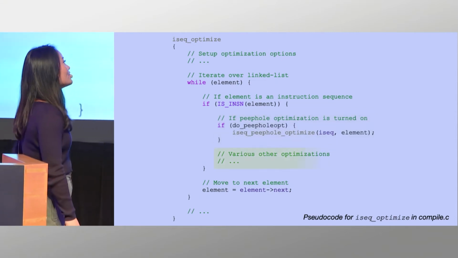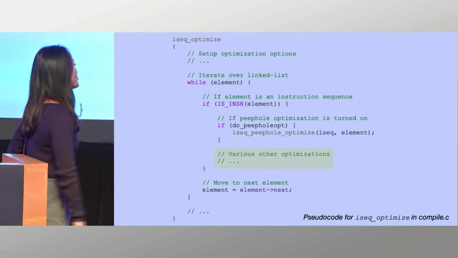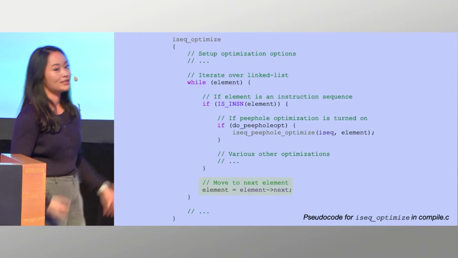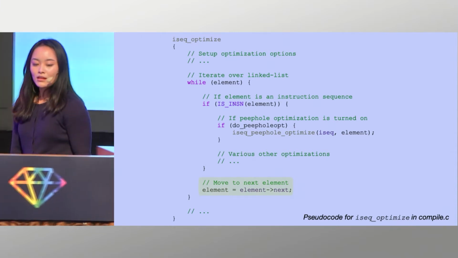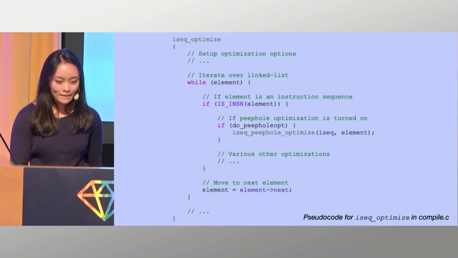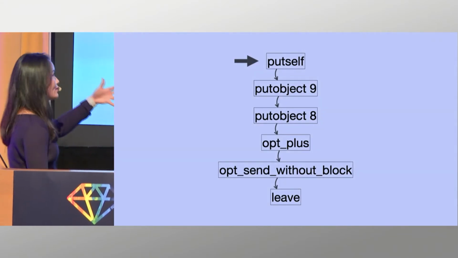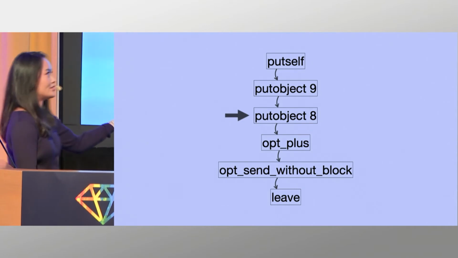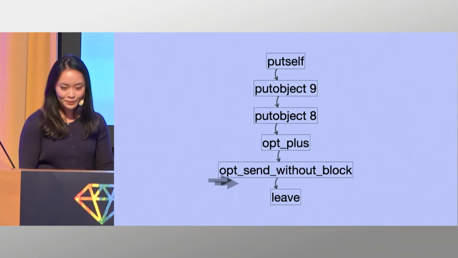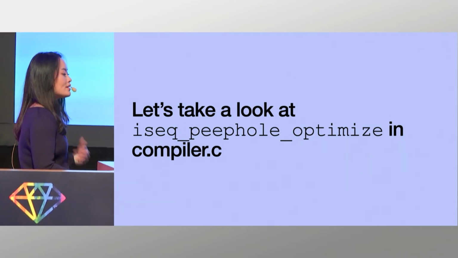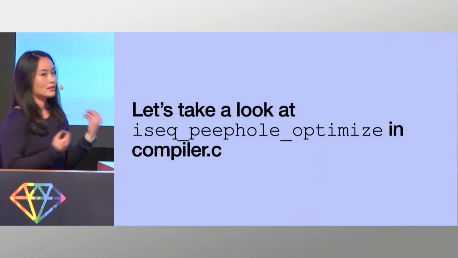After that, there are various other optimizations, which we won't go into in this talk. And then we move on to the next element, because it is a linked list. OK, so just to quickly show you visually, what it does is that it essentially traverses the linked list.